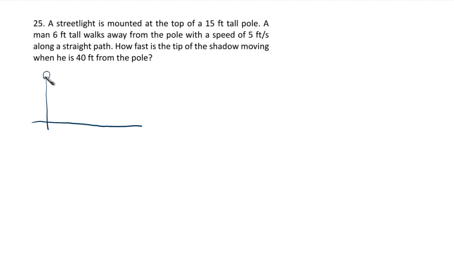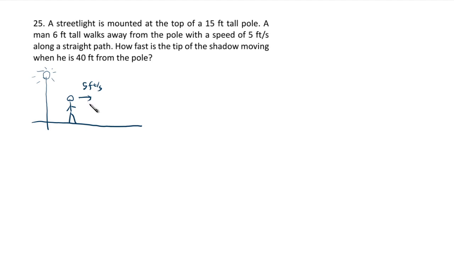So here's a street light, and there's a man, and let's draw a stick figure. Here's a man, and he's going away from the pole at a certain speed, 5 feet per second.